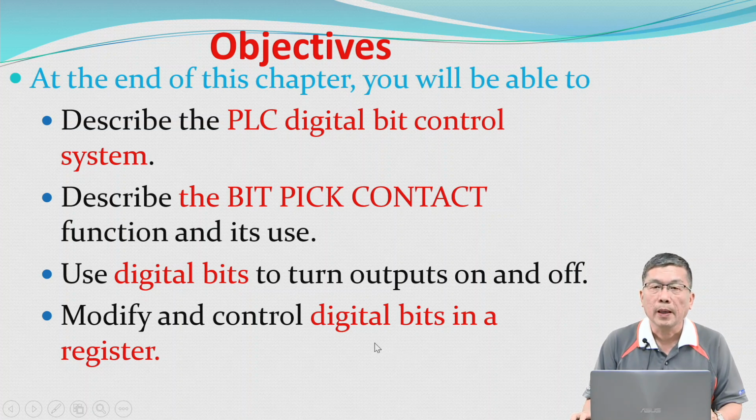Objectives. At the end of this chapter, you will be able to describe the PLC digital bit control system. Describe the bit pick contact function and its use. Use digital bits to turn outputs on and off.